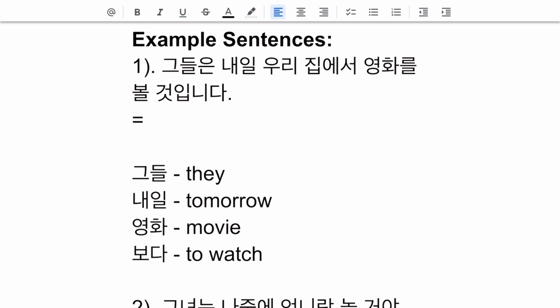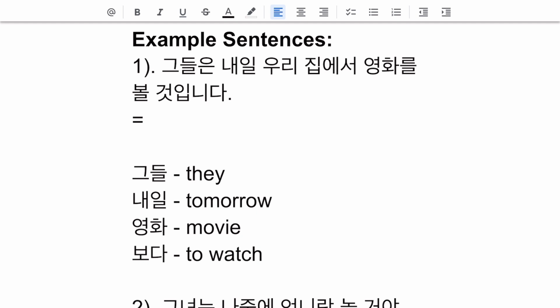Same as the 우리 when we're saying my mom, my dad, we should also use that for houses. When we're saying my house, 우리 집, makes sense. You can also say 제 집 as well, but 우리 집 is the more common way to say it.